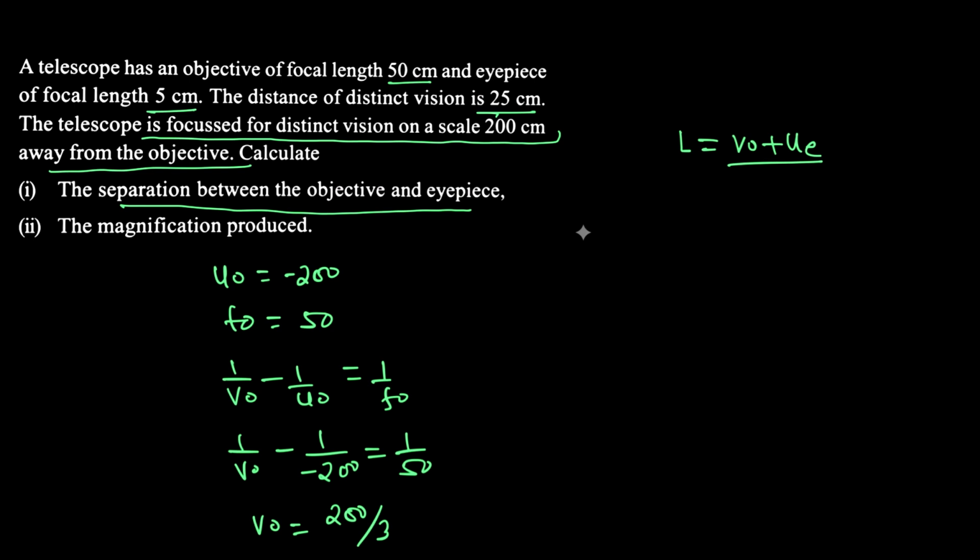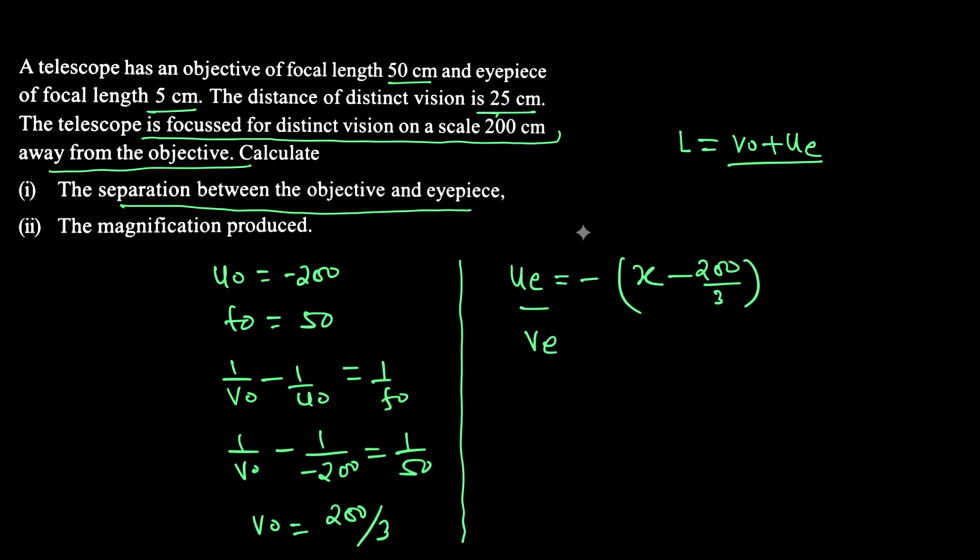Now, 200 by 3 is VO. Let's say the separation is X. So UE will be equal to minus X minus 200 by 3. Now we got UE. VE should be equal to minus 25 centimeter, and FE is equal to plus 5 centimeter. Now I use the formula 1 by VE minus 1 by UE is equal to 1 by FE.